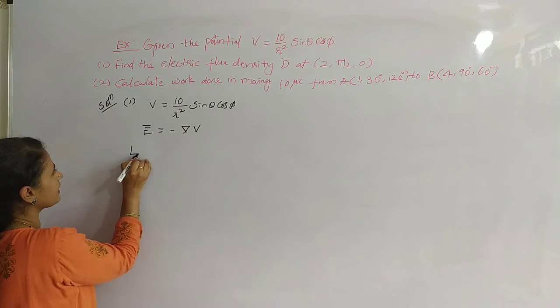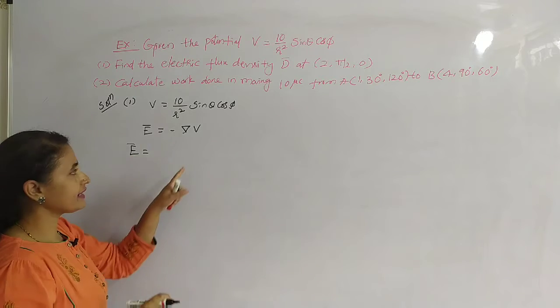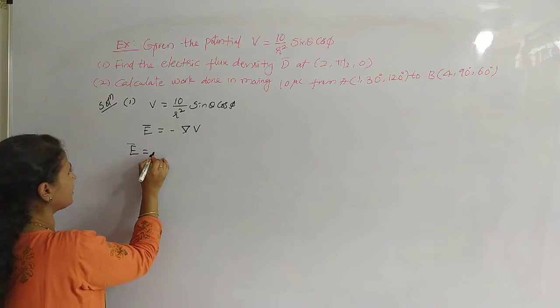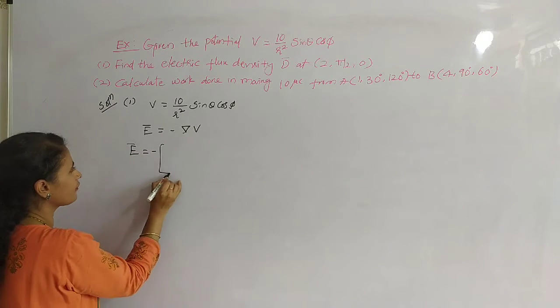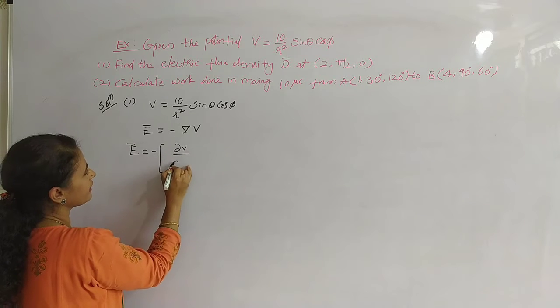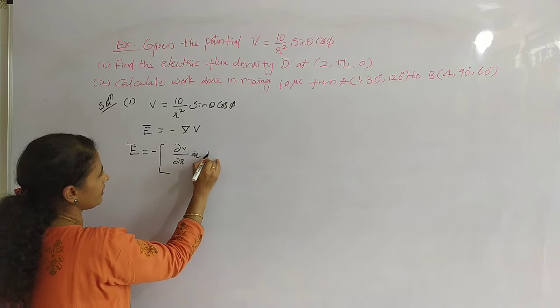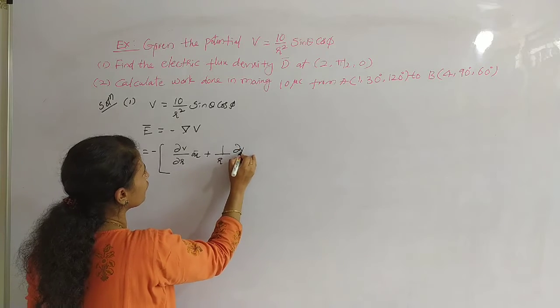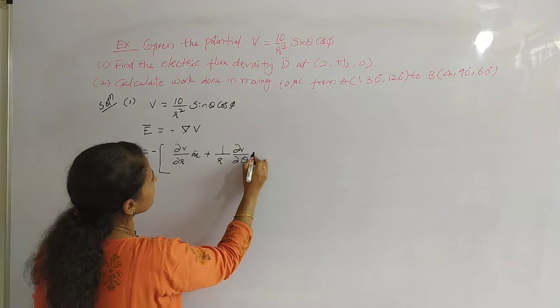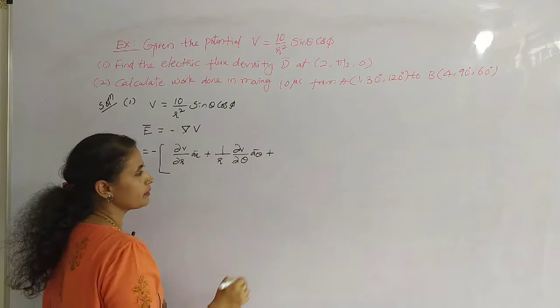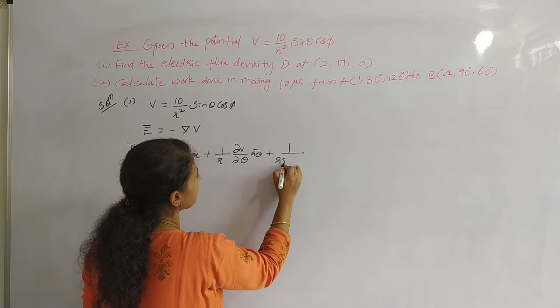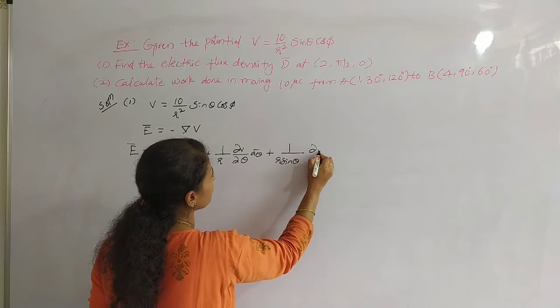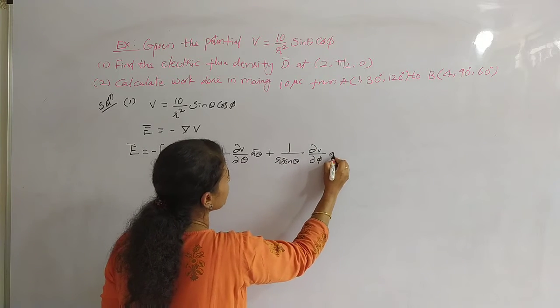So E bar is given by the gradient of V in spherical: minus of dou V by dou r into A r, and 1 by r into dou V by dou theta into A theta, plus 1 by r sin theta into dou V by dou phi into A phi.